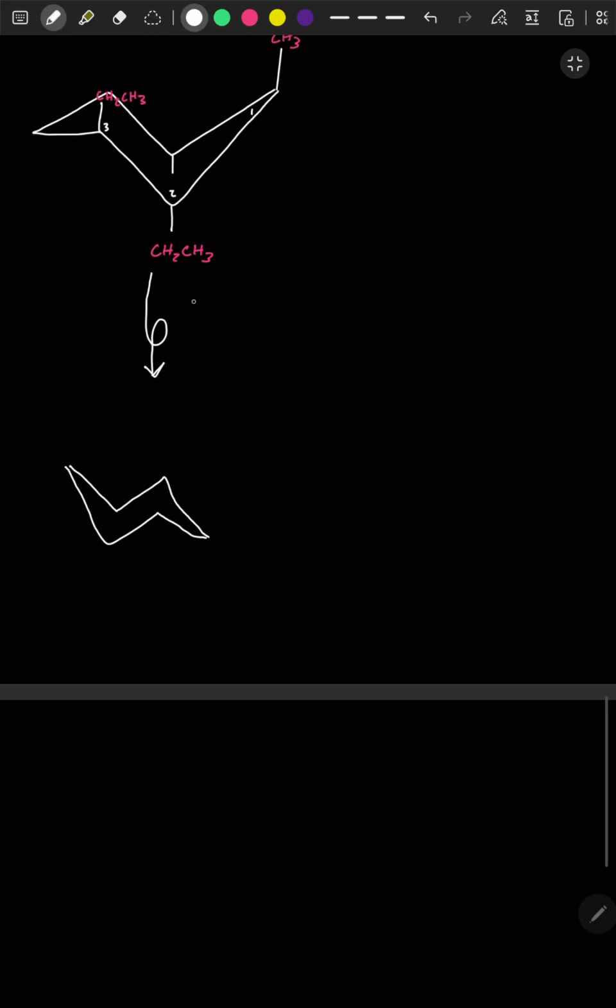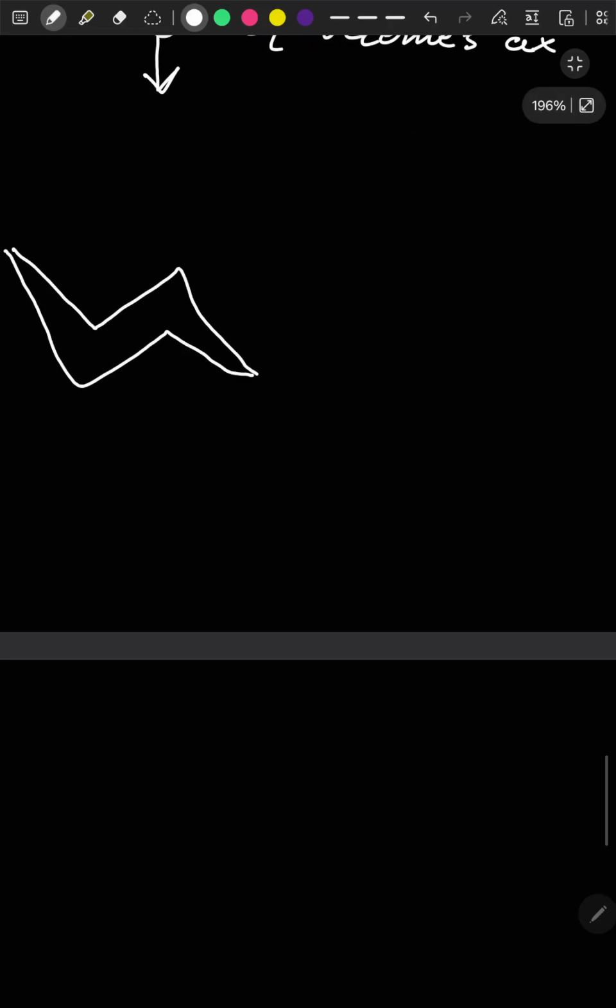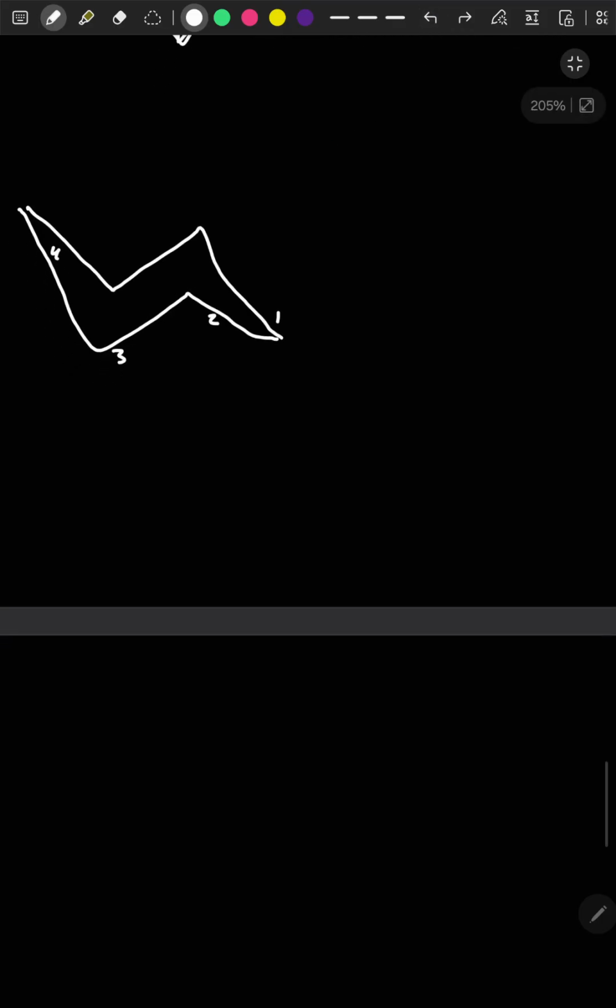Whenever we do a chair flip, the axial becomes equatorial, and the equatorial becomes axial. And so this is going to continue to be our 1, 2, 3, 4, 5, and 6. Again, 4, 5, and 6 aren't really necessary, but just for the purpose of having them, I'll leave 4 because I can't get rid of it.